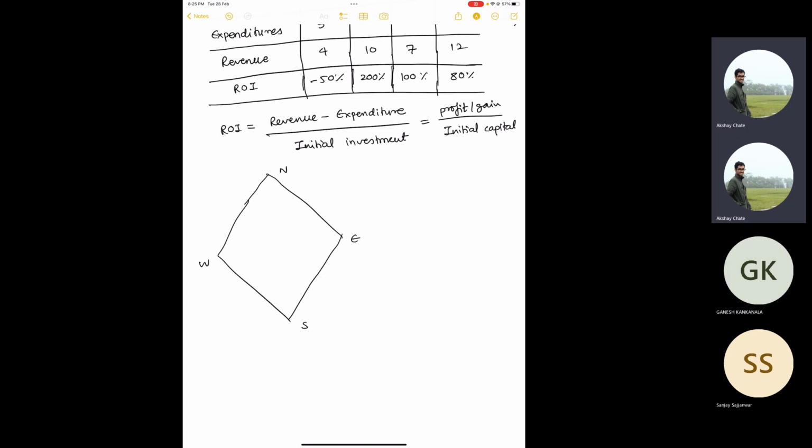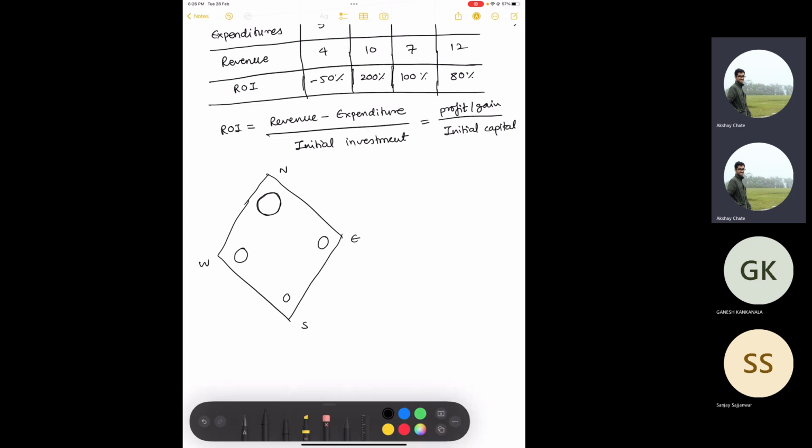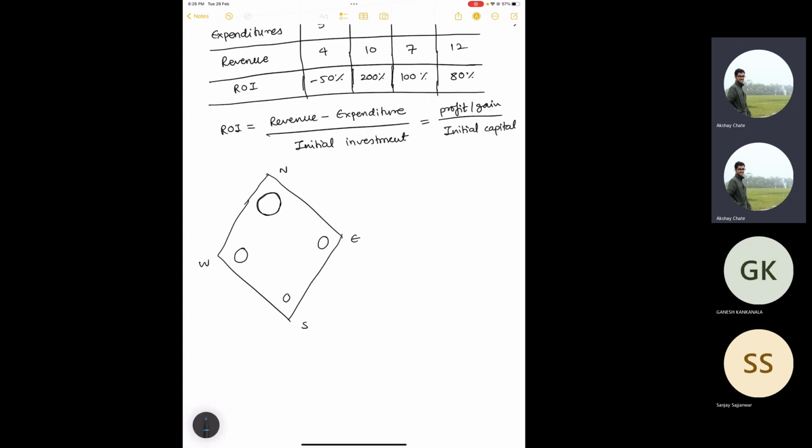So I was working in a company where they had one plant in Haridwar, and that plant was very huge, so I'll denote it by a big circle. They had smaller plants in west and east, and a very small plant in south. This is production.